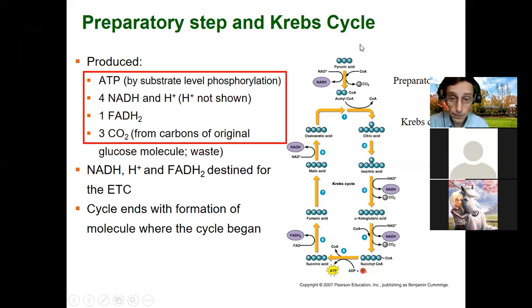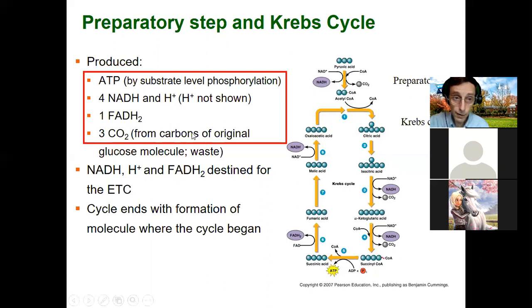For a molecule of glucose, we generate 2 ATP because the preparatory step in the Krebs cycle will run 2 times for each molecule of glucose, because glucose will be converted to pyruvic acid in glycolysis, and we generate 2 pyruvic acids.